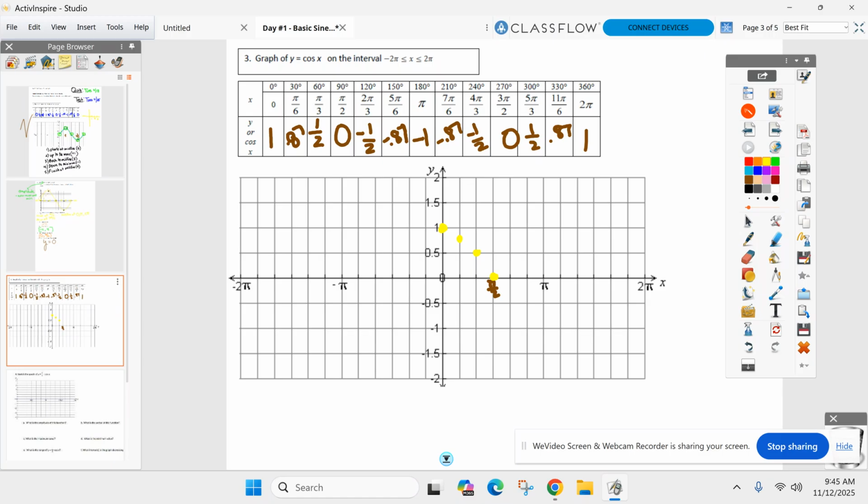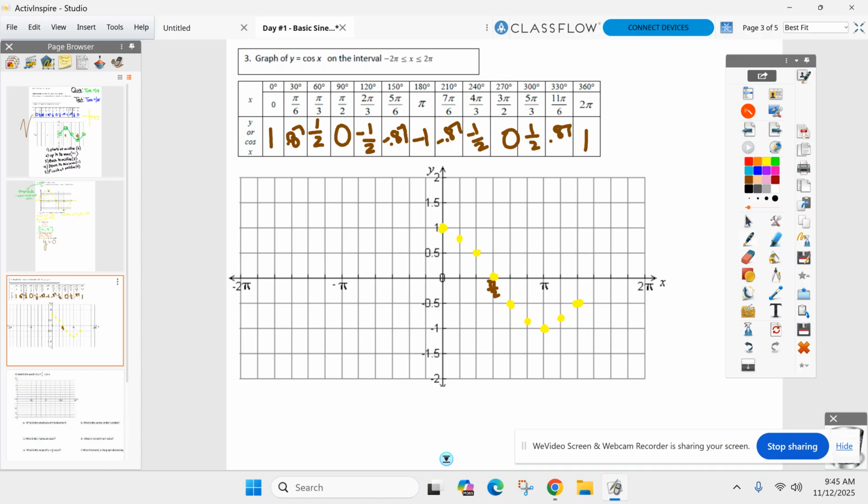Negative 1/2. Negative 0.87. Negative 1. Back at pi, negative 1. Negative 0.87. Negative 1/2.